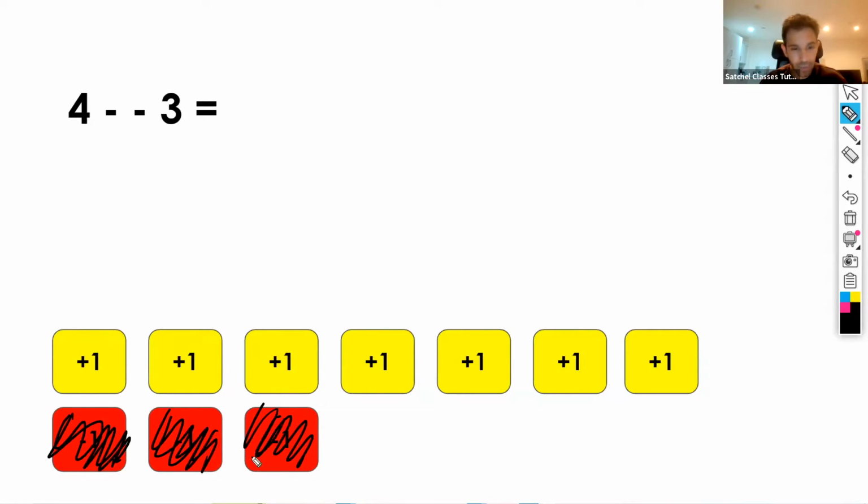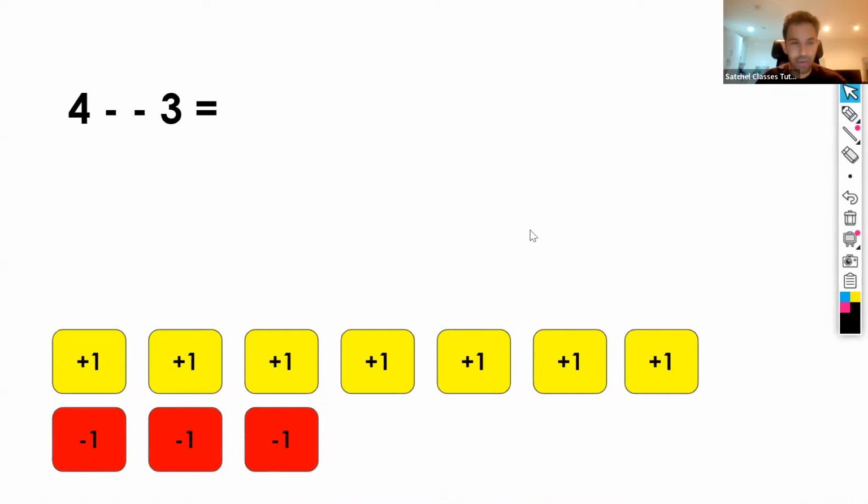I have taken away the minus 3. So what I end up with is 1, 2, 3, 4, 5, 6, 7. Hopefully we can see 4 minus minus 3 becomes 4 plus 3, which is 7. So once again, a minus and a minus next to each other become a positive.